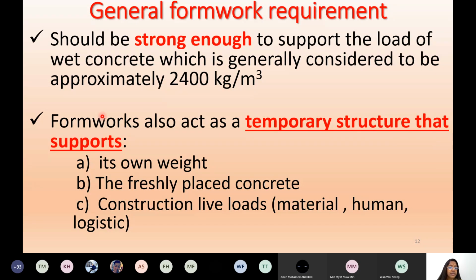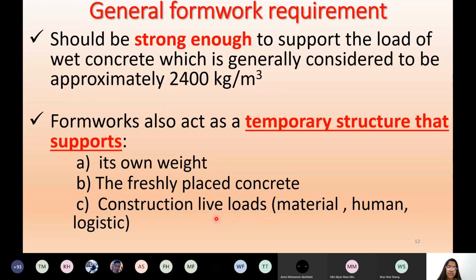Bear in mind, formwork also acts as a temporary structure that supports its own weight, the freshly placed concrete, which is heavier and denser, and then the construction live load, the people who are moving on the formwork.